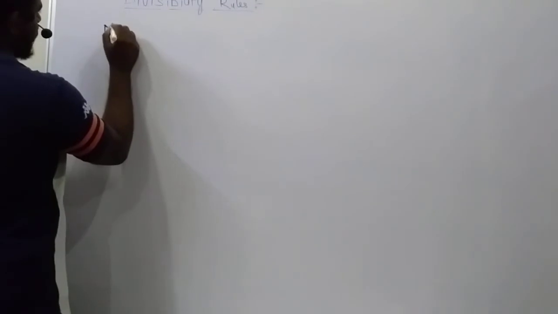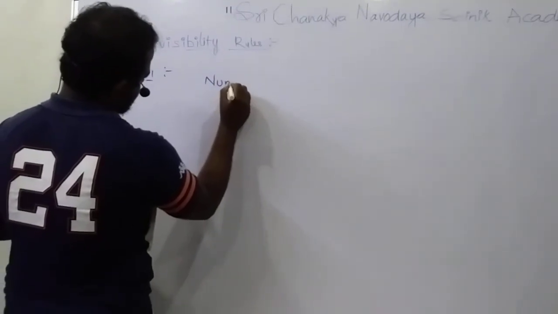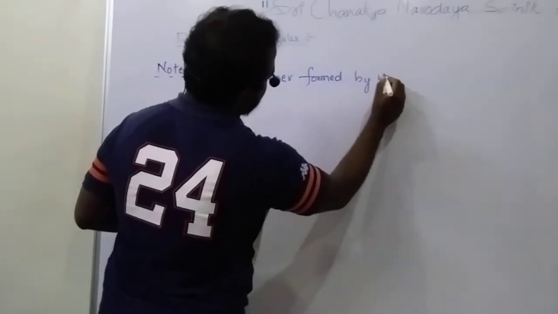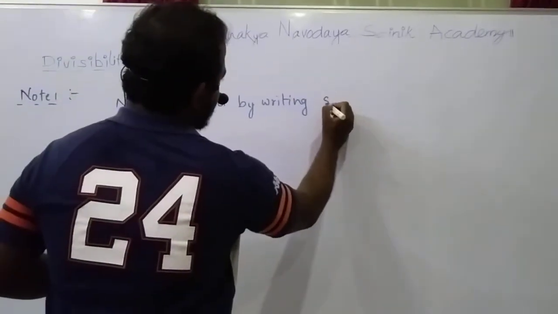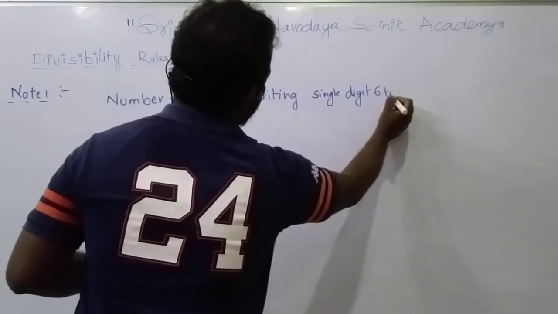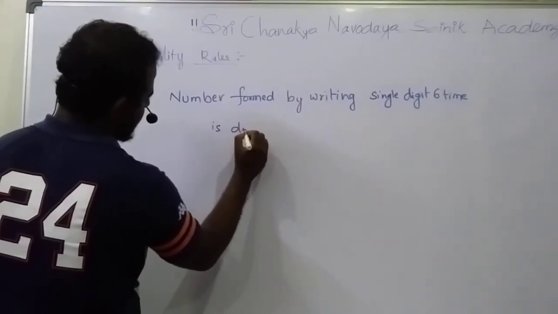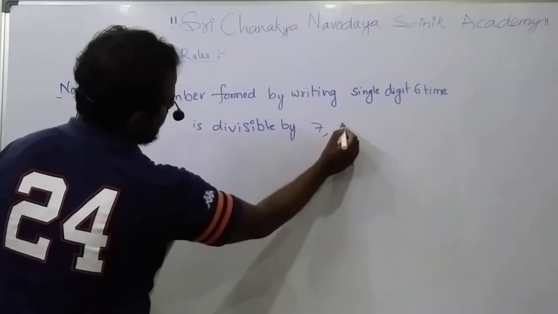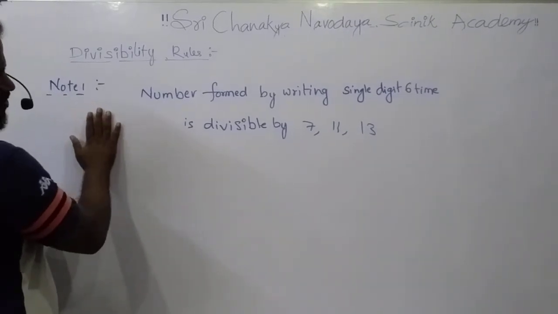Note 1: if a number is formed by writing a single digit 6 times, then we can say that number is divisible by 7, 11, 13. So this is the first important point.